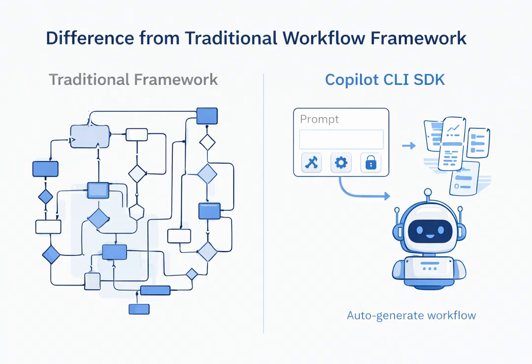With Copilot CLI SDK, you only need to describe the overall flow with prompts and define available tools. The AI automatically decides the execution path. The core insight is, we've shifted from developers manually orchestrating flows to AI autonomously orchestrating after understanding intent. Prompt plus tools equals an implicit dynamic workflow.